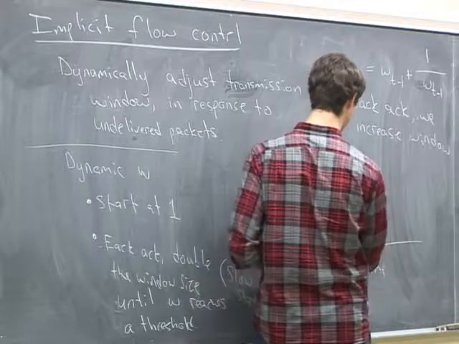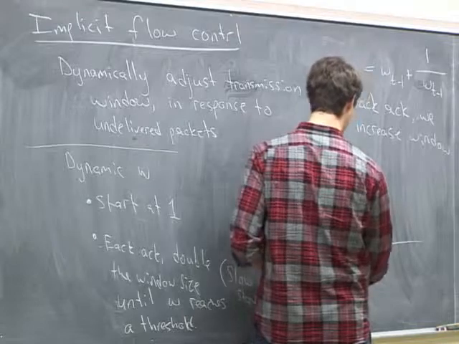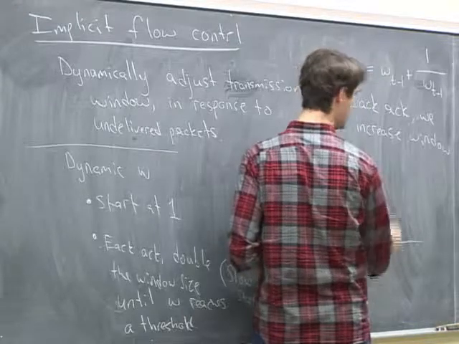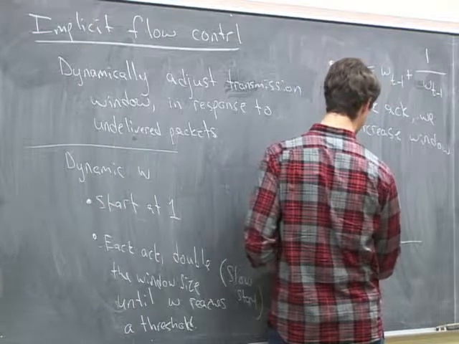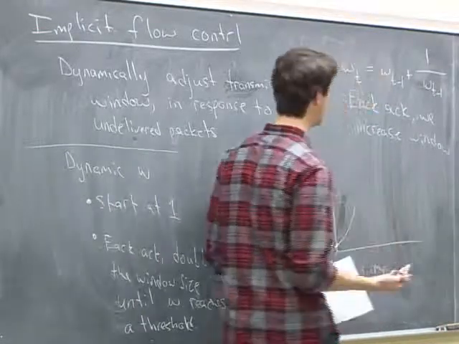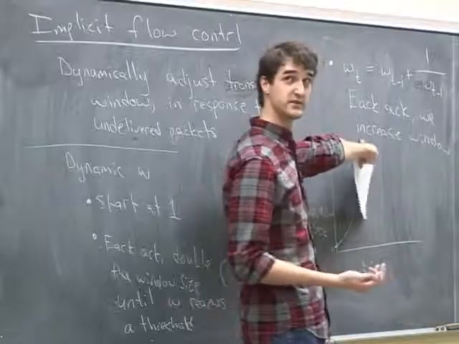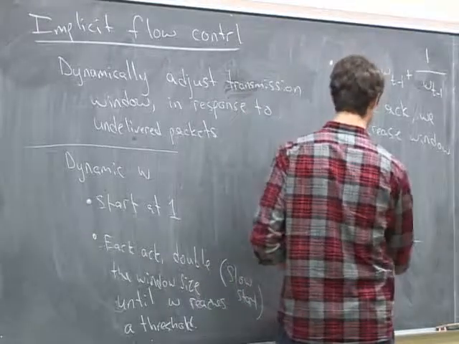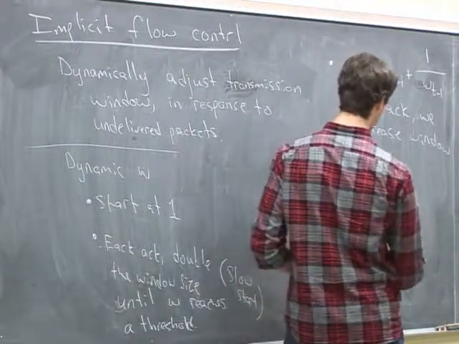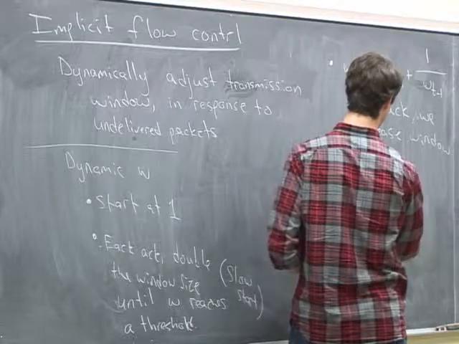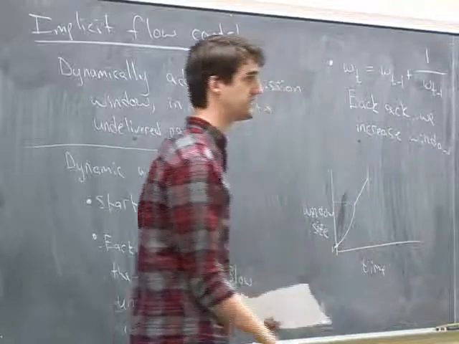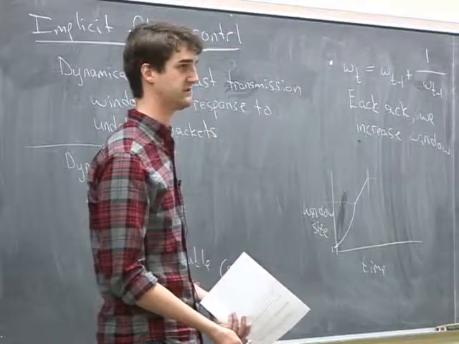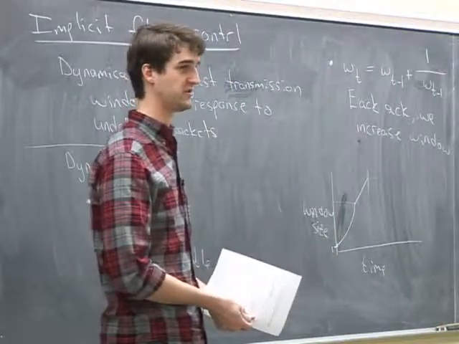So we're growing, sorry, I drew that the wrong way, we're growing exponentially. Then we reach some threshold, and we change into this additive increase phase, where we increase like this. Now suppose that here we have a packet loss. We need to decide what to do once we have a packet loss, and we'll go over that next time.